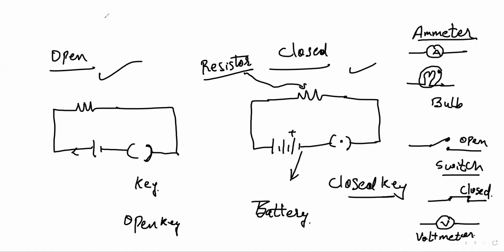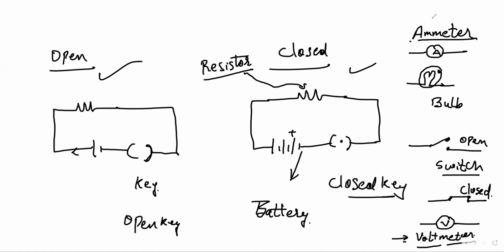Okay, let's get back to our circuit. So can you again explain ammeter and voltmeter? See, voltmeter is the instrument to measure voltage in the circuit. I'm sorry, I said wrong. Voltmeter is the instrument to measure voltage in the circuit.